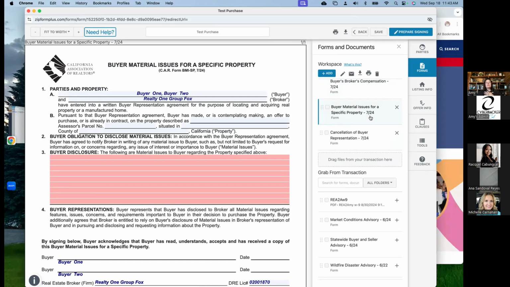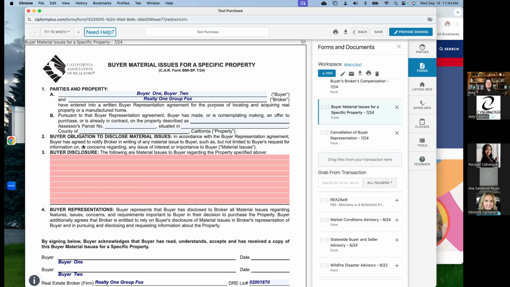I think it's a solid form to make sure the buyer has a copy of, because what it says is buyer obligation to disclose material issues. In accordance with the buyer representation agreement, buyer has agreed to notify broker in writing of any material issues to buyer, such as, but not limited to, buyer's request for information on or concerns regarding any issue of interest or importance to buyer, material issues.